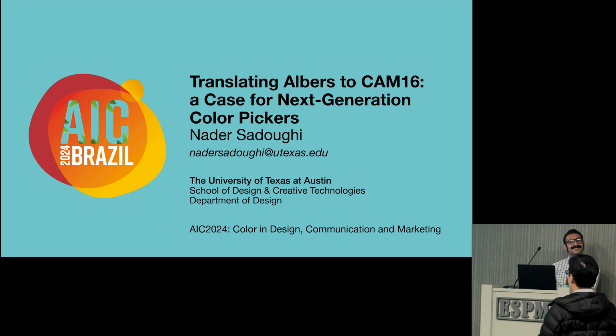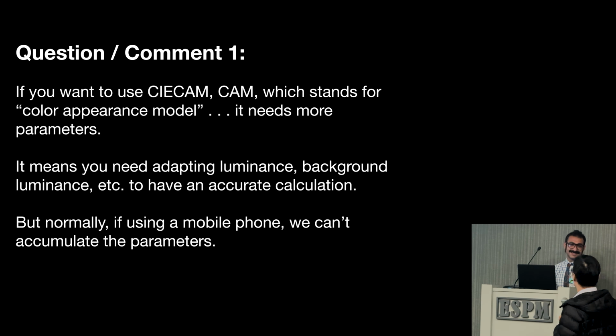Actually, I have some comment because I'm familiar with the CAM19. CAM stands for color appearance model. Yes. It wants to deal with illuminant adaptation and also chromaticity adaptation and simultaneous contrast.